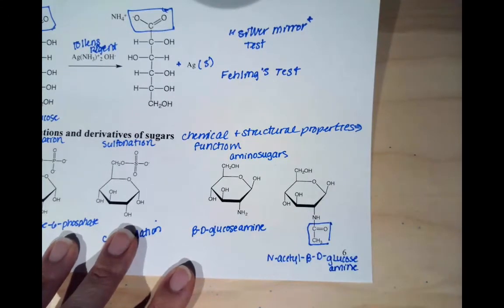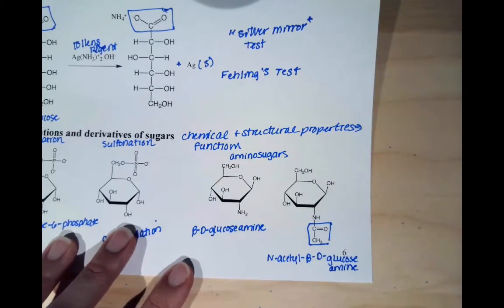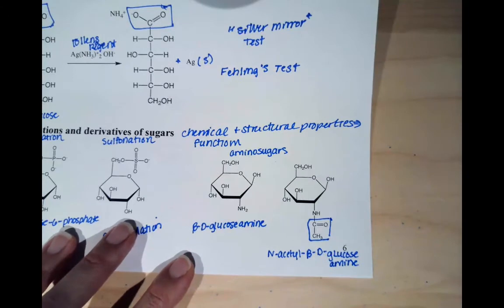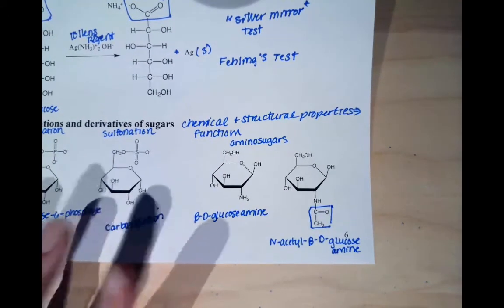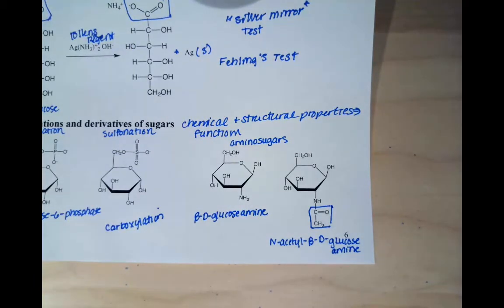And the significance of the N-acetyl amino group as well as the amino group is that it adds more potential hydrogen bonding groups to it. So those hydrogen bonds, or the ability for it to create more hydrogen bonds, is going to impact its function, which we'll also see once we get into polysaccharides.